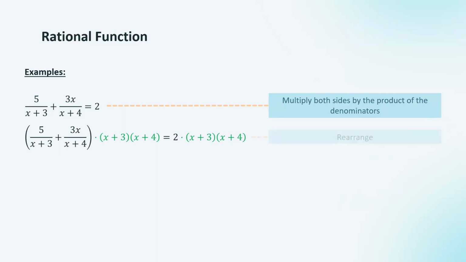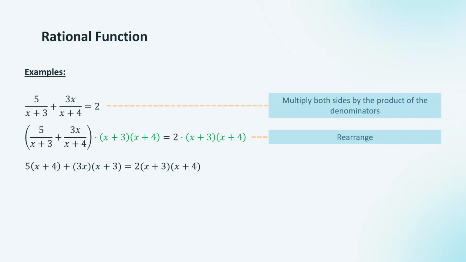Again, we can rearrange and simplify this, and we will get something like this. So 5 over x plus 3 multiplied by x plus 3 times x plus 4, you can eliminate the x plus 3, so you get only x plus 4. And for the 3x over x plus 4, you can cross out the x plus 4, so you get 3x times x plus 3.